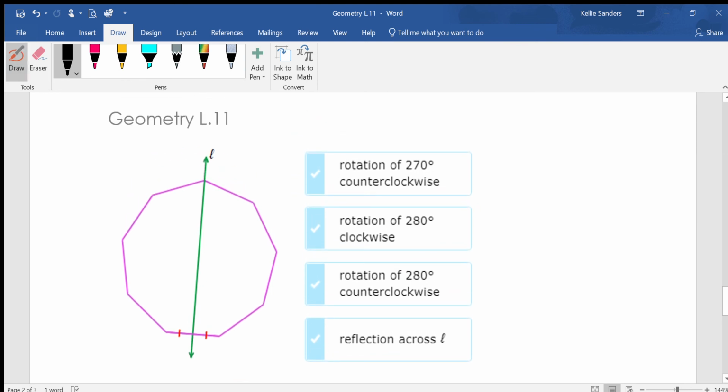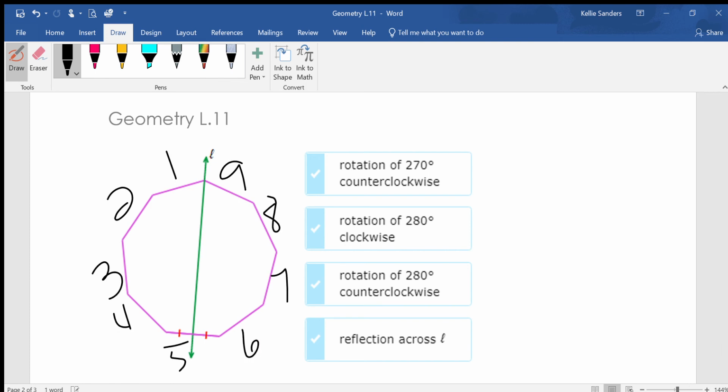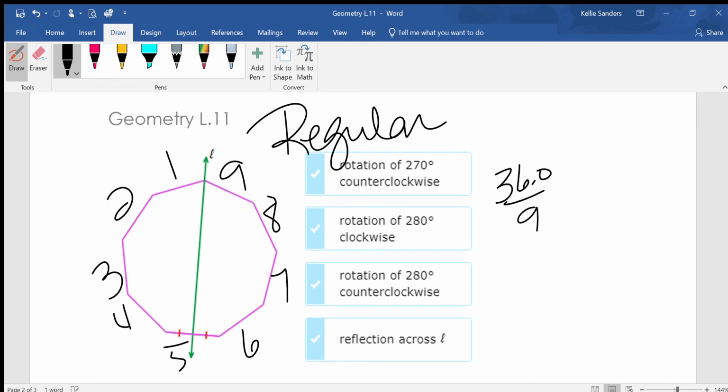Okay, 1, 2, 3, 4, 5, 6, 7, 8, 9, and it is regular. I know I've cut them out whenever I was doing these, but let's just say it's regular. So we're back to this. So 360 divided by 9 is 40.